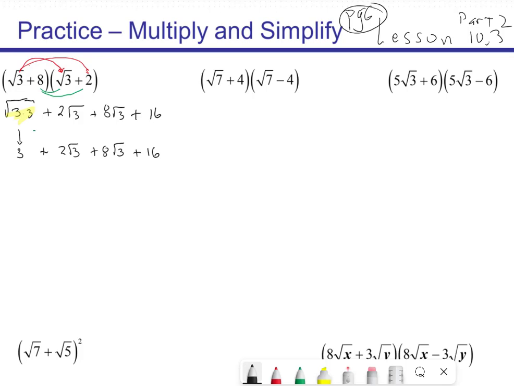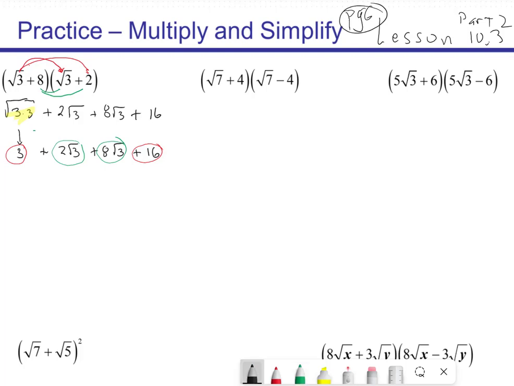However, can we simplify? Well, we can simplify because I want you to notice that 3 is a whole number and 16 is a whole number. Those are like 3 cherries and 16 cherries. And then I have square root of 3 and square root of 3. Those are like pairs. I have 2 root 3 plus 8 root 3, which is like 2 pairs plus 8 pairs. Those are like terms.